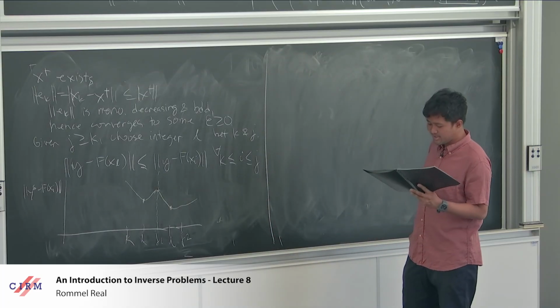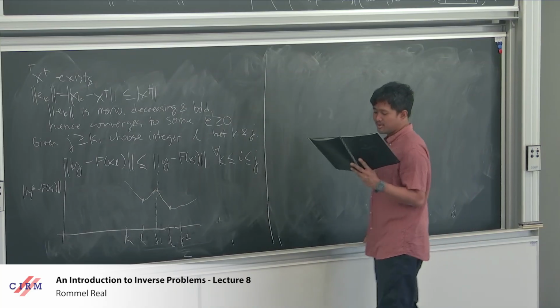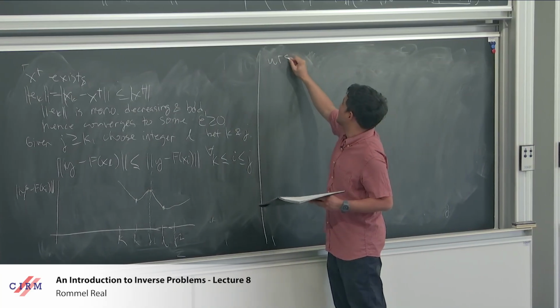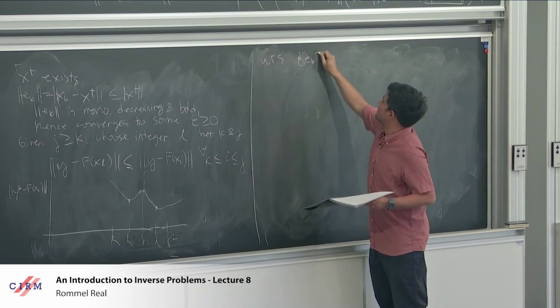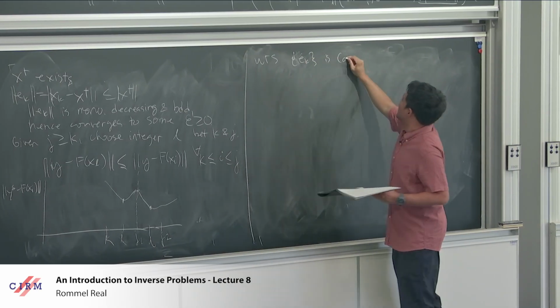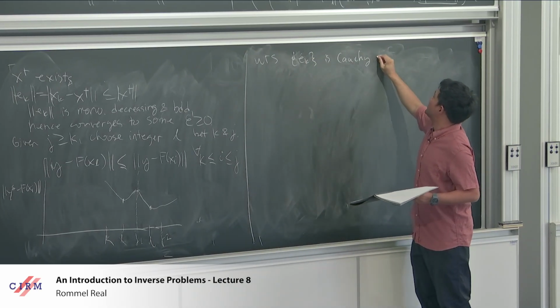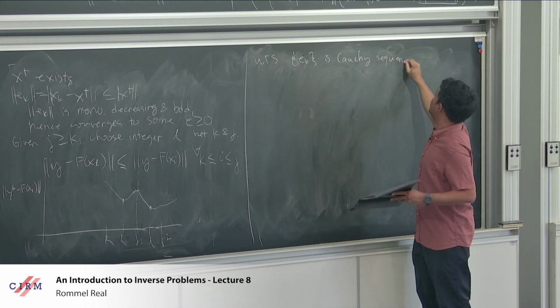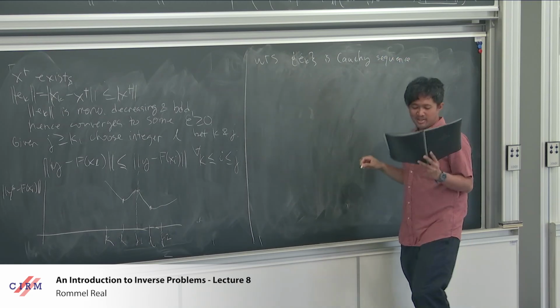And now we have this nice result. What we want to show here is that the sequence of iterates is a Cauchy sequence. This is like what we did for the linear Landweber iteration.